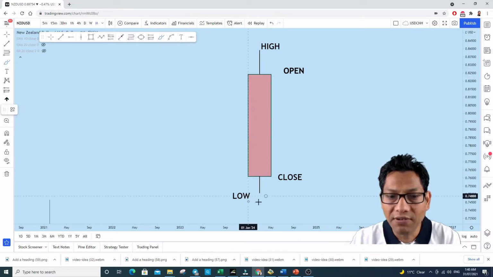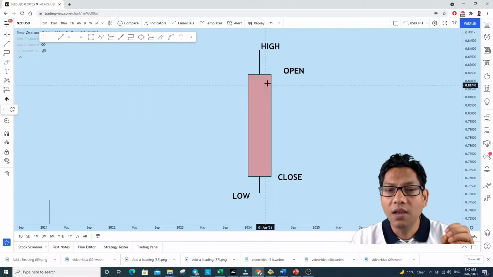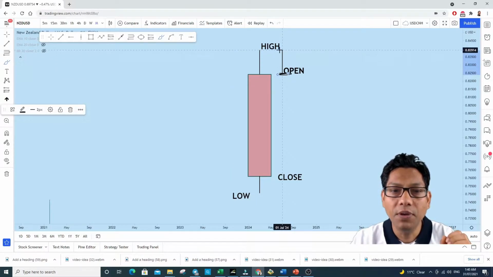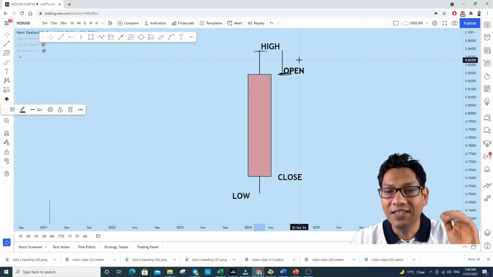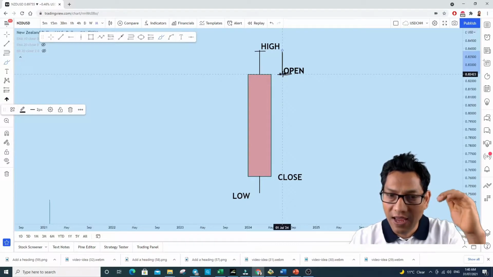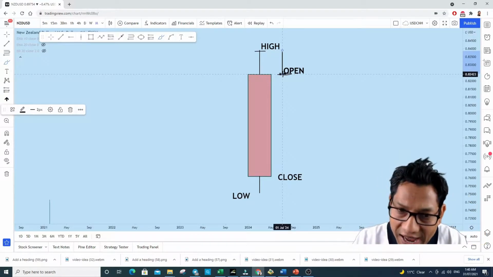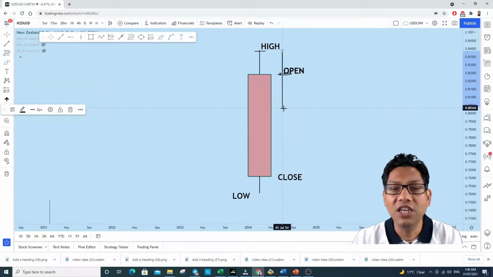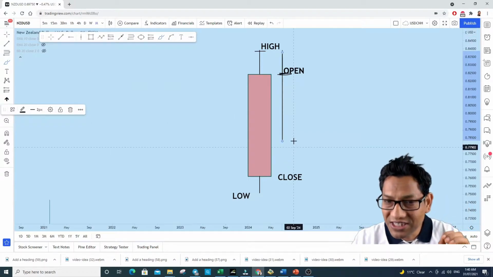If it is a bearish candle, that means the red candle, the market opened here on the first of the month, and then the price went up to this high, and then the sellers pushed the price down, came back here, and the sellers pushed the price again, and slowly all over the month, over the 30-day period, the price didn't come straight.